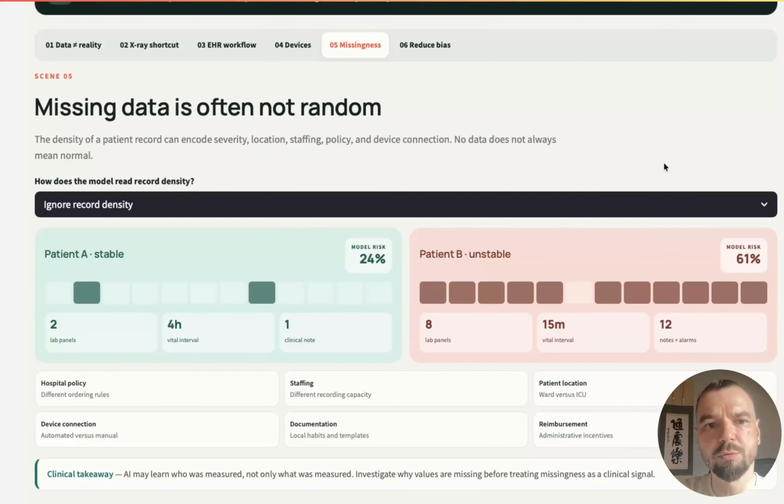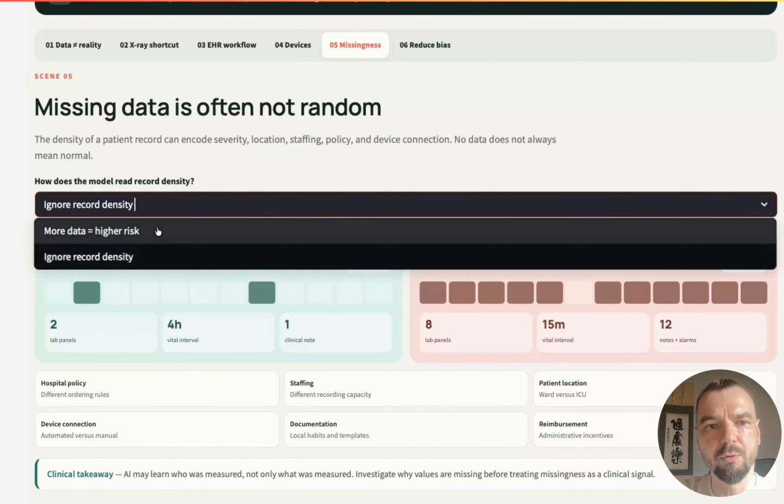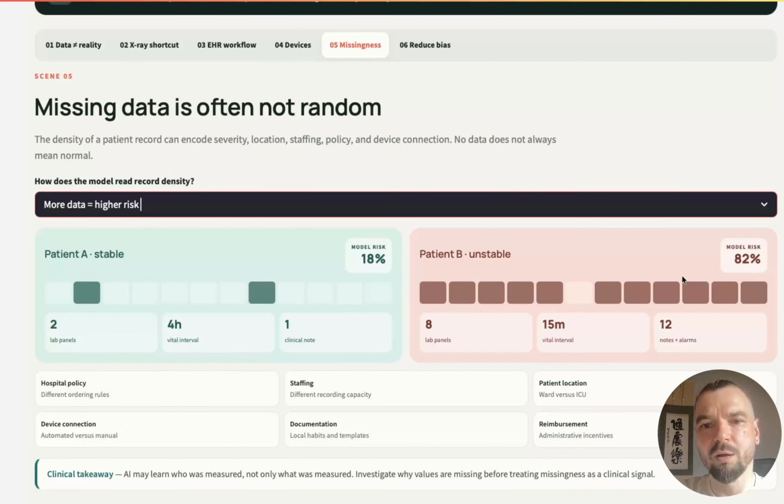So this is what we talk about with frequency of the records. For example, here the patient is unstable, so we have vital signs measurements every 15 minutes. We have a lot of lab results, a lot of notes, because the patient was unstable, obviously, so it required constant attention.